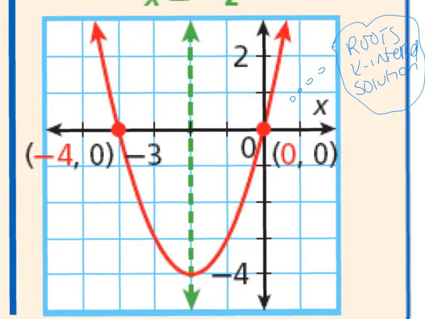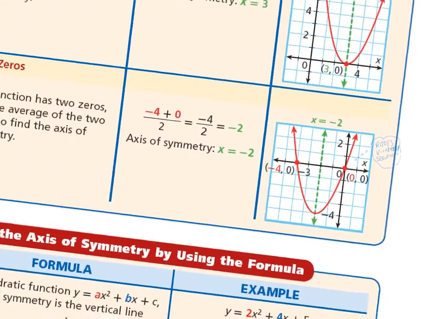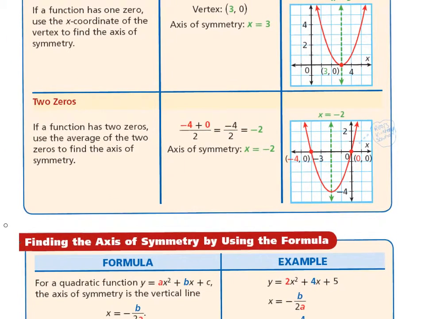That means that you're going to go through -2 on the x-axis because that is the middle. So when you are given 2 zeros in a quadratic, the 2 zeros are also the x-intercepts, that's the word. If they ask you for the axis of symmetry, you are going to average the 2.